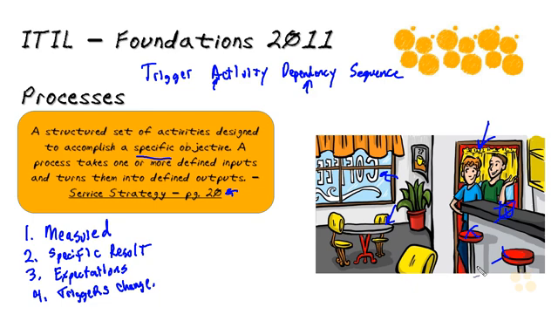Now remember, there are not only going to be the processes themselves, but in all of these examples, you have different people that are a part of the processes, right? And so we have, of course, practitioners, we have managers, and we have owners. The practitioner is going to be obviously the cashier.